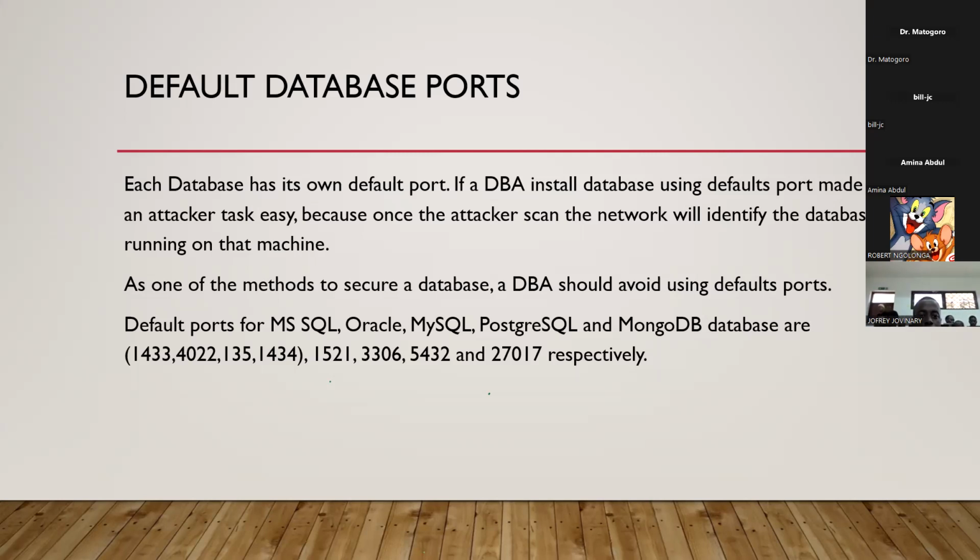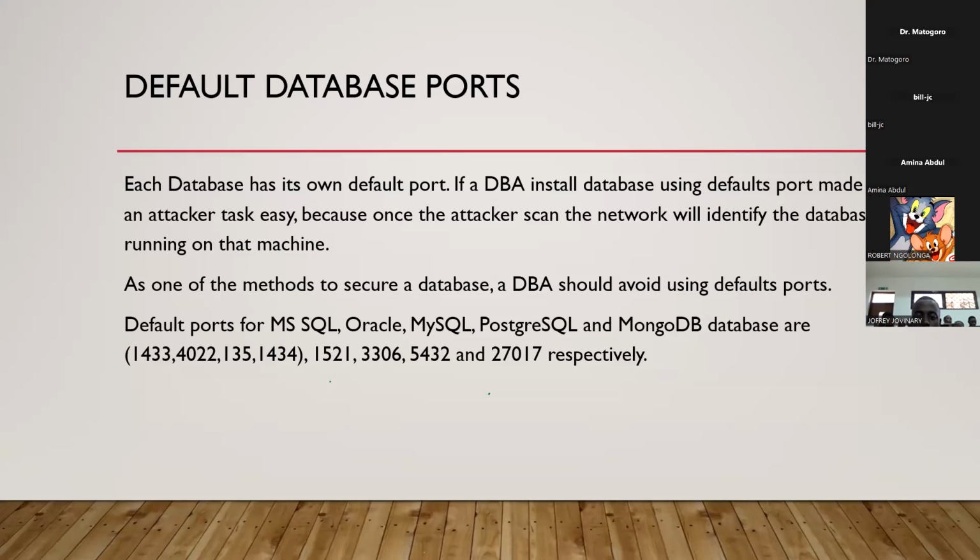For example, these are the default ports for Microsoft. This MS SQL is Microsoft SQL. The default ports for Microsoft SQL are 1433, 4022, 135, and 1434. So if someone scans the network and finds these ports, they are a combination of TCP and UDP. 1434 is for UDP, 1433 is for TCP, and 4022 is for TCP, 135 is also for TCP.